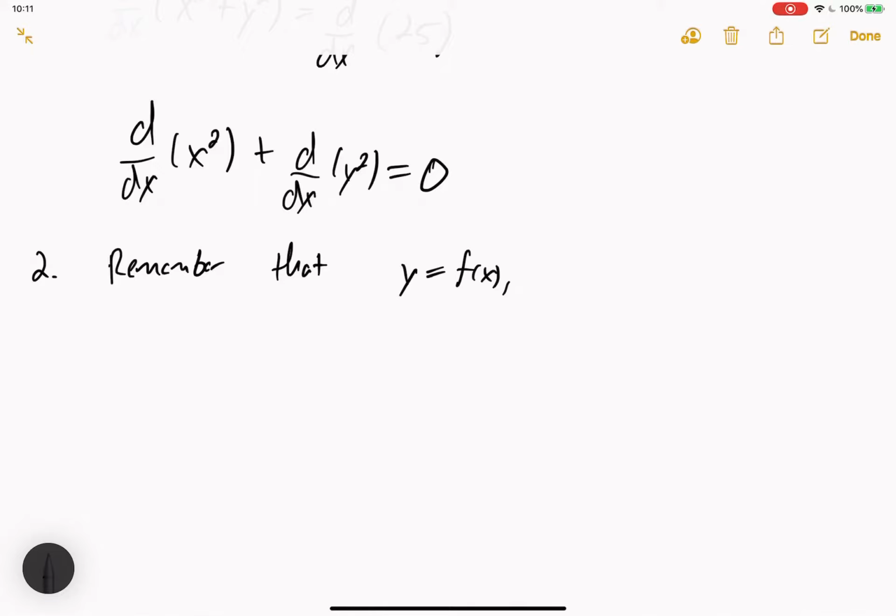In this case, we have y squared, but remember what you actually have is d of dx of f of x, squared. So when you take the derivative of that, you have to do the chain rule, so you get f of x, bring down the exponent, subtract 1, so you get 2 minus 1, which is just 1, and then times the derivative of the inside to get that f prime of x.